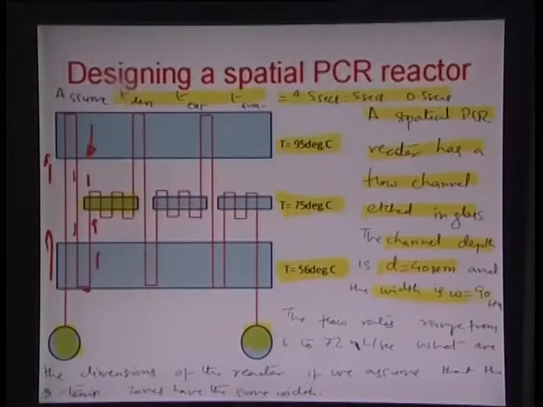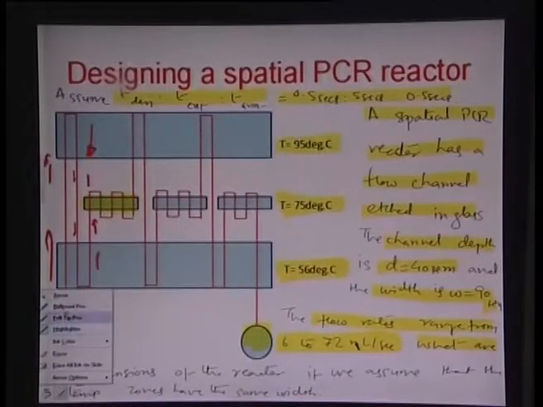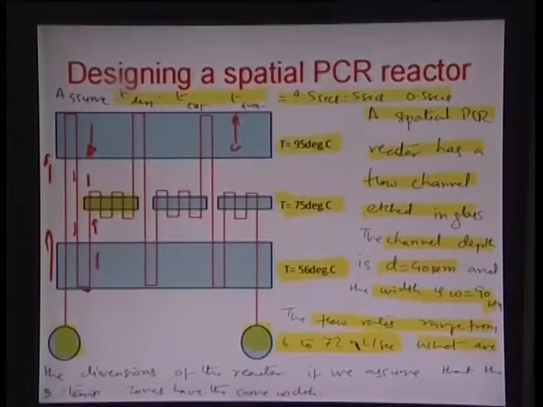The width is around 90 micrometers. We also have flow rates ranging from 6 to 72 nanoliters per second. That is the kind of flexibility that we have, and we have to design the length or width dimensions of these differential temperature zones.